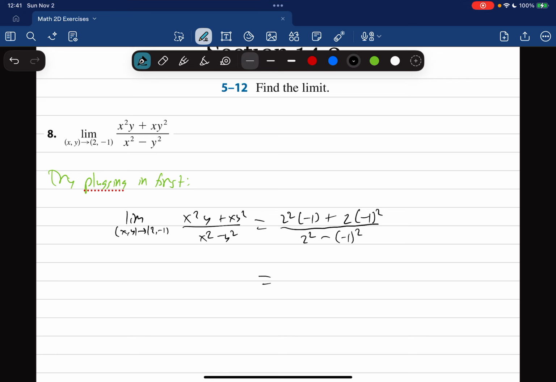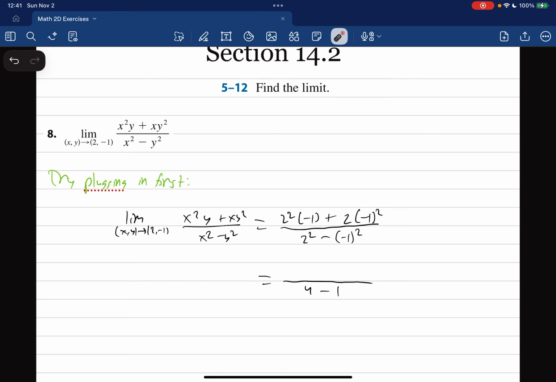And this in turn, okay, so the denominator is going to be 4 minus 1. And that's already promising because we know this is non-zero. So our hope is that this already gives us the answer that we want, because it looks like this function is going to be continuous at this point.